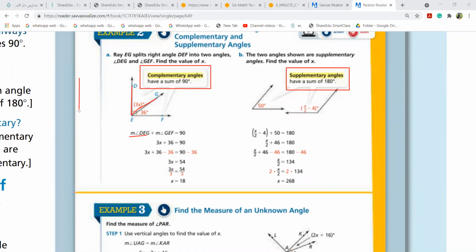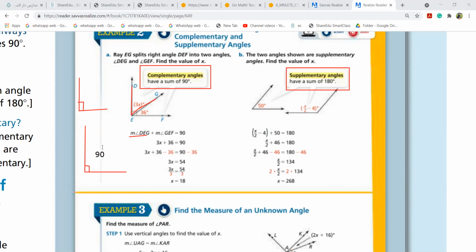Girls, did you ever study before that this is 90 degrees? Did Miss Susan teach you that this is 90 degrees? If I make an L like this, and you have a small square here like this, this means that this is 90 degrees.